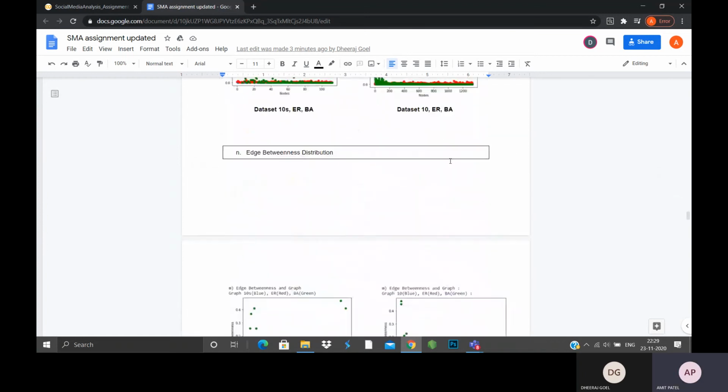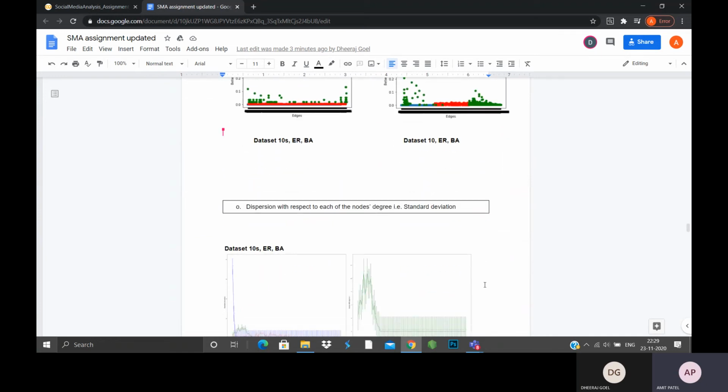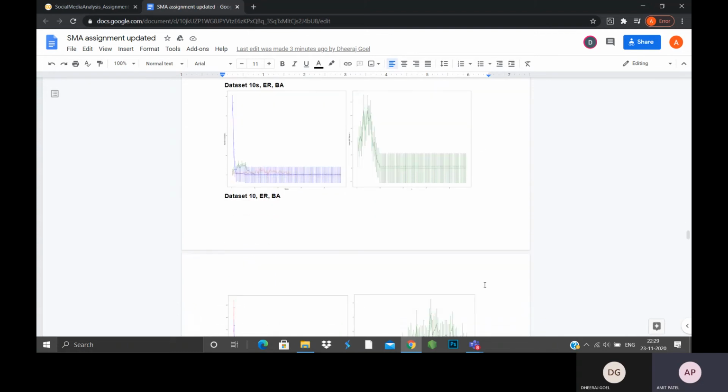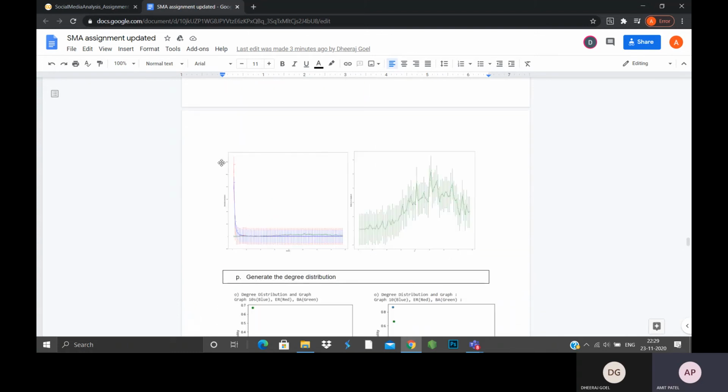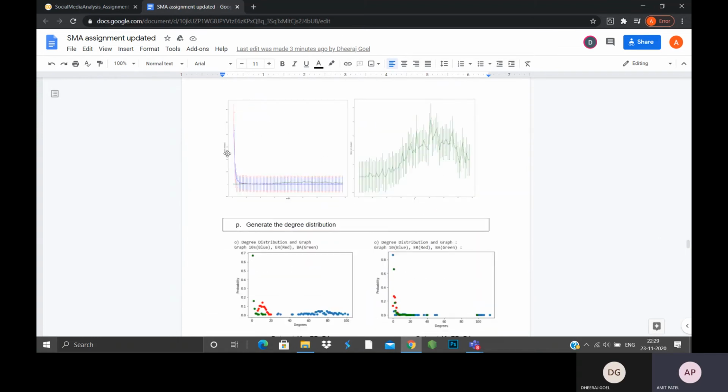Later, we have this edge betweenness distribution. For our data set, it's denoted by blue. For the ER model, it's denoted by red, and for BA, it's denoted by green. As you can see, we have calculated first the standard deviation for our data set, and later we calculated the dispersion for this standard deviation.